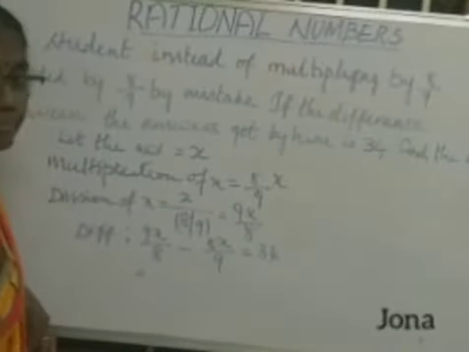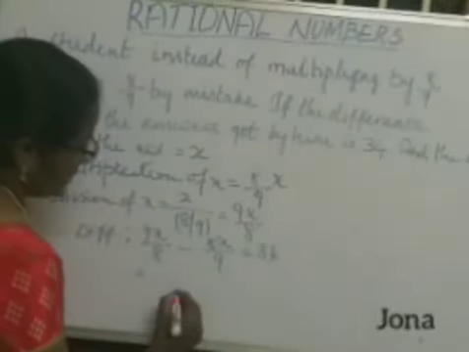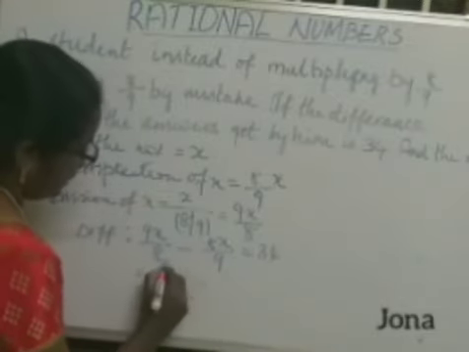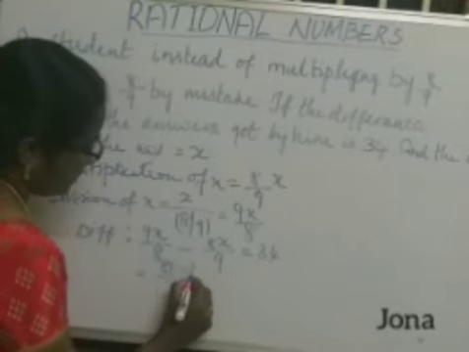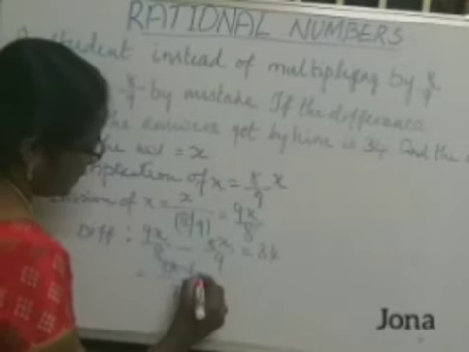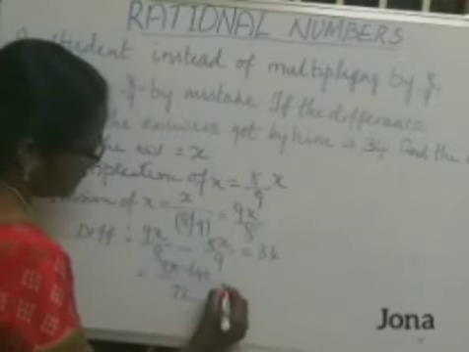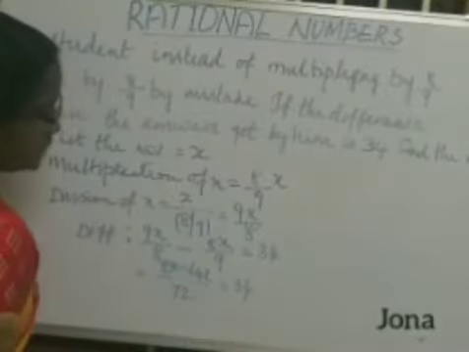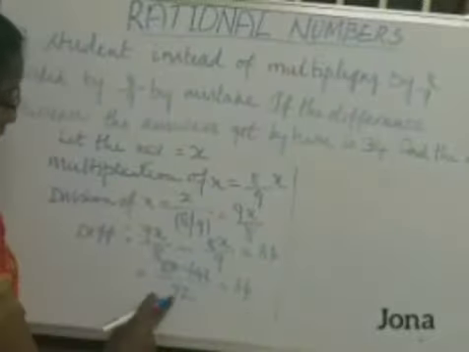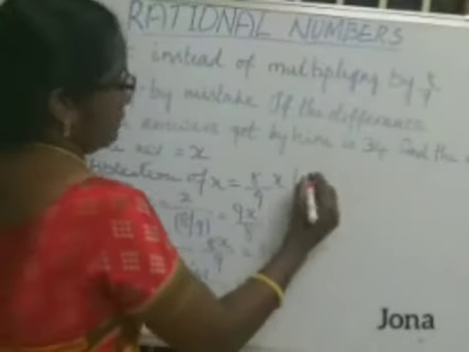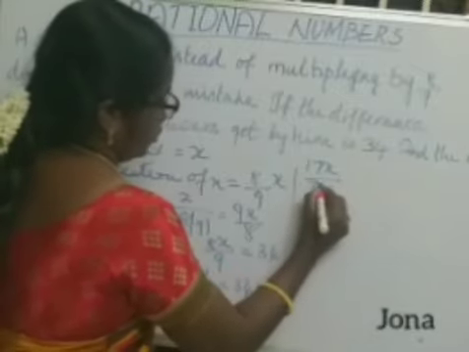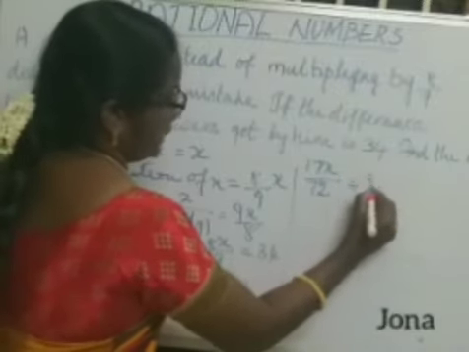Okay, now take the LCM, 72, and cross multiply here. 81x minus 64x equal to 34. So 81 minus 64 is nothing but 17. So 17x by 72 equal to 34.